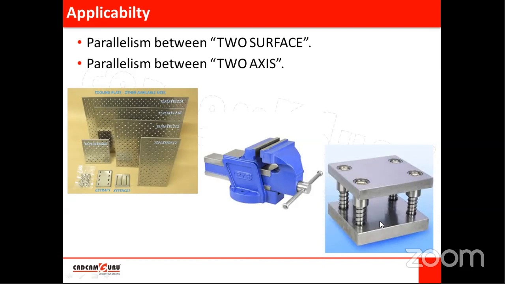For that purpose, there are bushes mounted on this upper plate, the moving plate, and this one is a stationary plate, and guide pillars are mounted on this stationary plate, where there is a die.